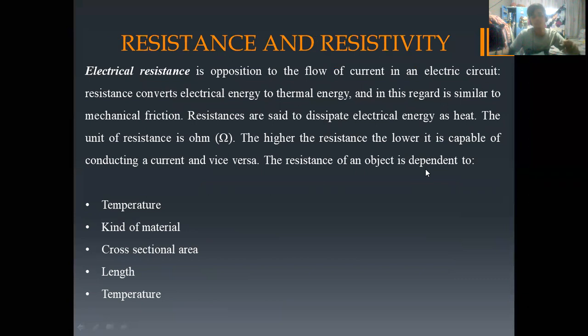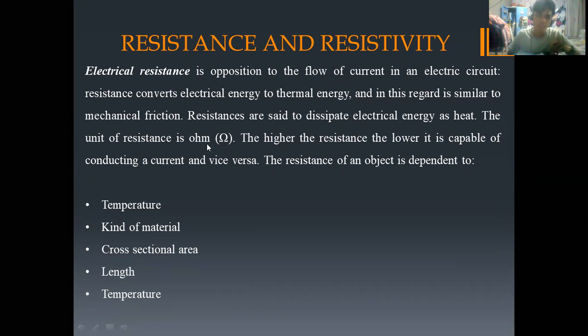So, sabi dito, resistance and resistivity. Electrical resistance is opposition to the flow of current in an electric circuit. Resistance converts electrical energy to thermal energy. In this regard, it's similar to mechanical friction. Resistances are said to dissipate electrical energy as heat.